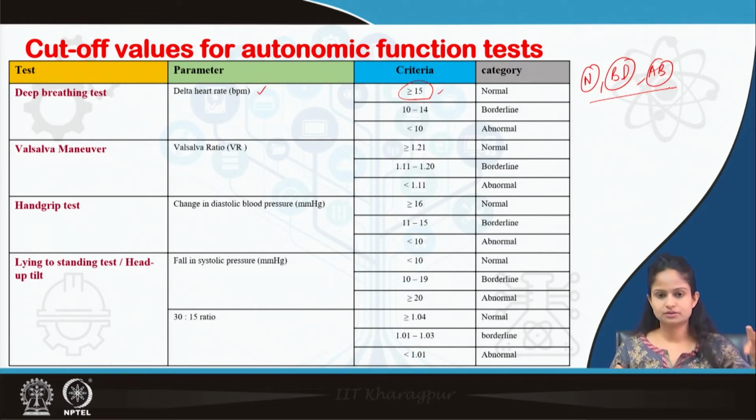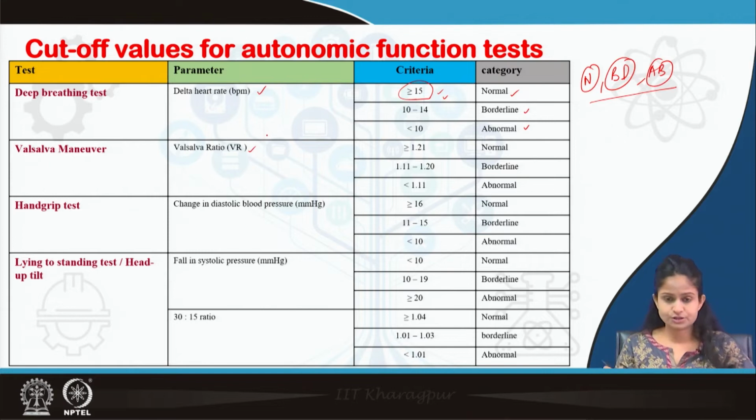Either the test should conclude as normal, borderline or abnormal. For the deep breathing test, you have to remember these cutoff values: more than or equal to 15 is normal, 10 to 15 is borderline, less than 10 is abnormal.